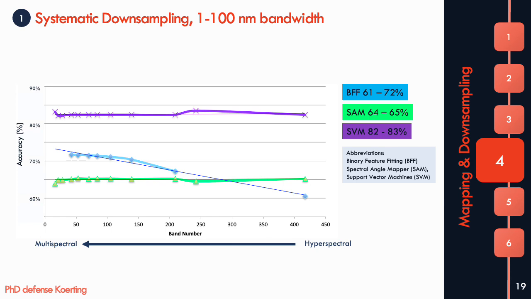For my binary feature fitting, here actually with a decreasing band number, the accuracy increases. And in this comparison, this led me to the conclusion that a bandwidth of around 40 nanometers overall for my mapping approaches here could be sufficient for a good analysis.